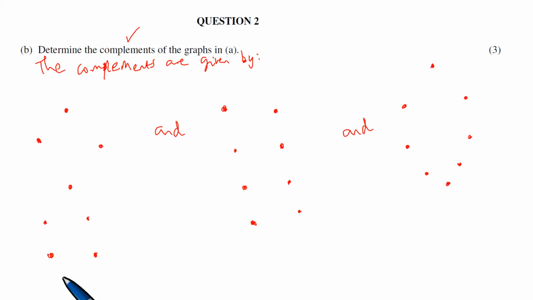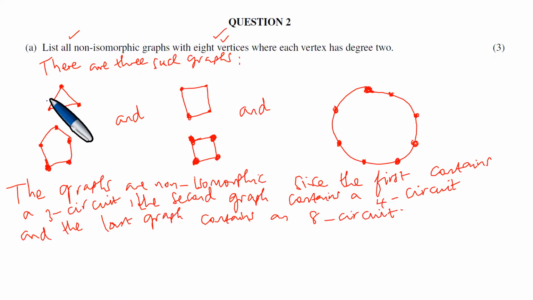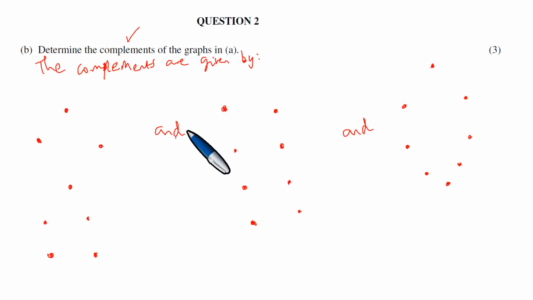So at the end, the complement will be joining edges that have not been joined. So this one was a 3-cycle like this, and those edges were joined. But now in the other one, we're going to join other edges. So these were joined, but now here we're going to join this one and this one.